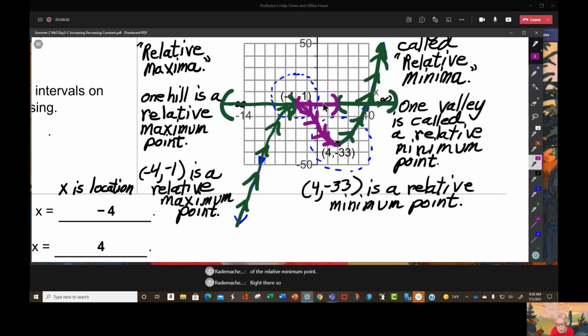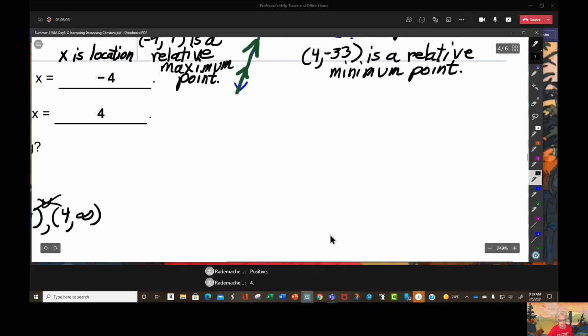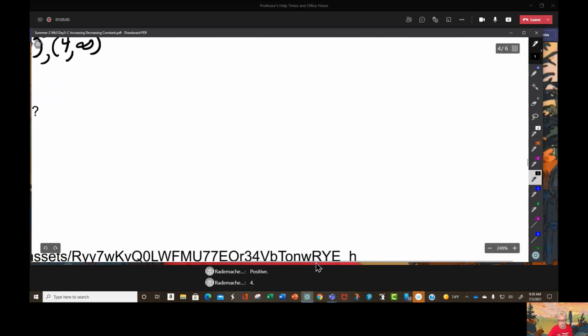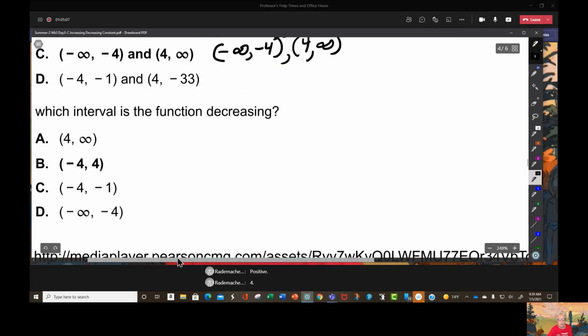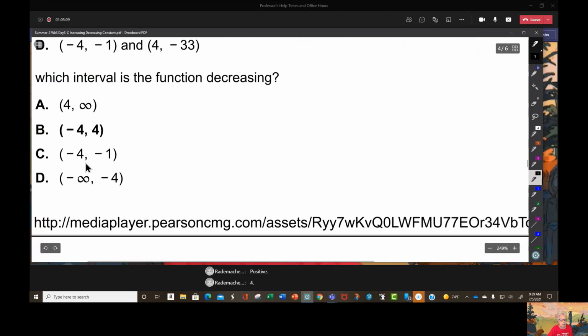So from -4 to +4 on the x-axis. Let's write that down. -4, +4.